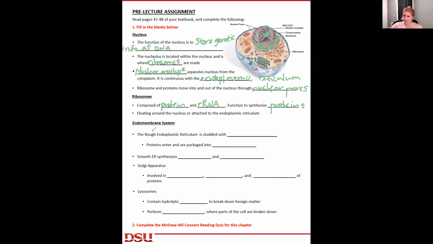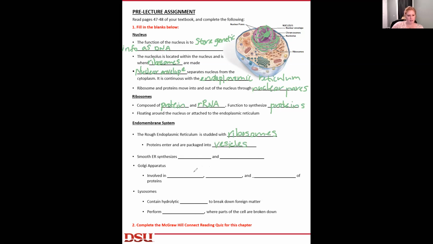So there's two types of endoplasmic reticulum, kind of collectively called the endomembrane system. The rough ER is studded with ribosomes, which is why it's rough. It looks bumpy. Okay, so from here, proteins are going to be packaged into vesicles, which we kind of talked about what vesicles were in the last lecture.